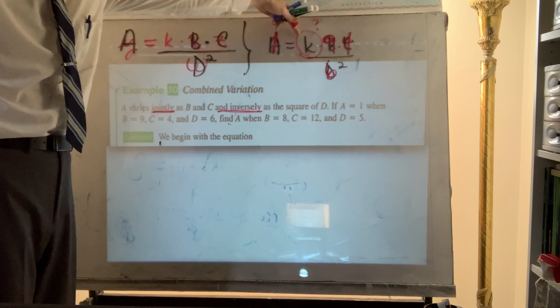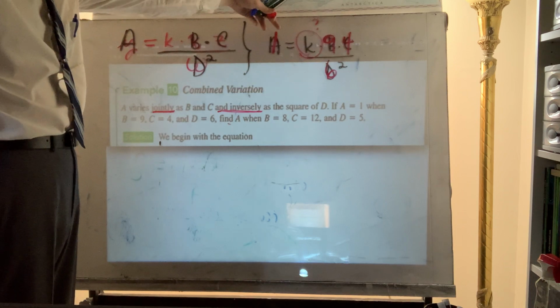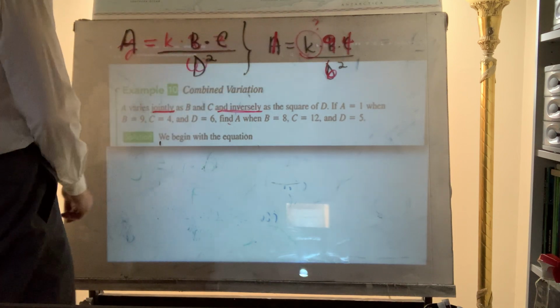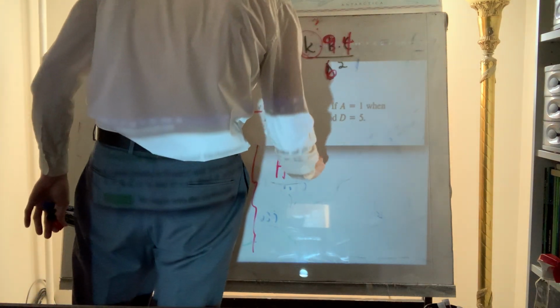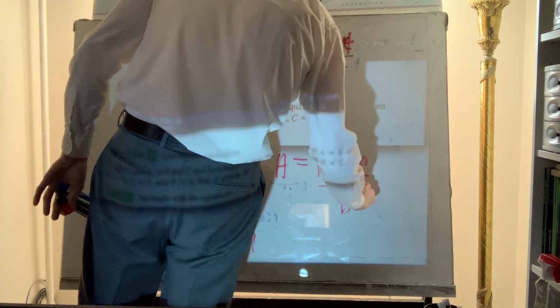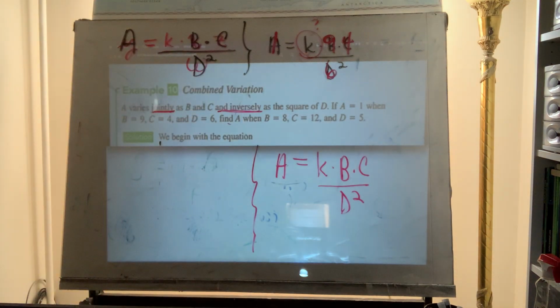Simplify and then solve specifically for the constant. Then after the fact, go back to this model with the constant inputted and any of the other specifics to find A.